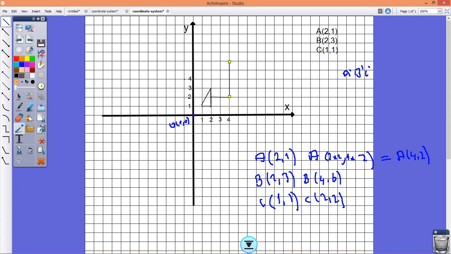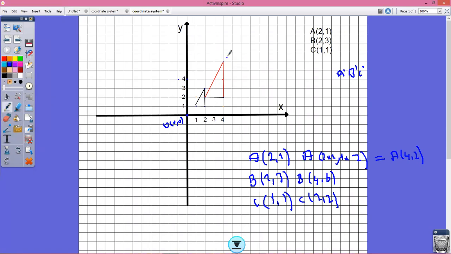Okay. Let me change the color. Let's make it red. Now here the new triangle is, let's say, this is the B bar, this is the A bar, and this is the C bar.